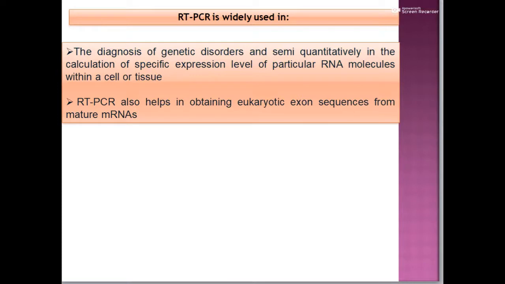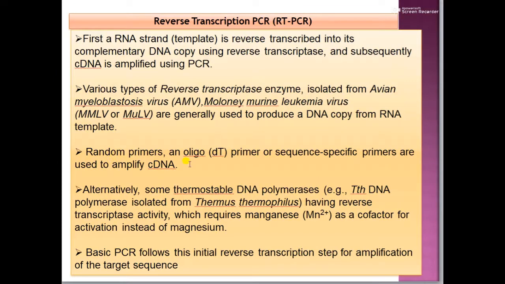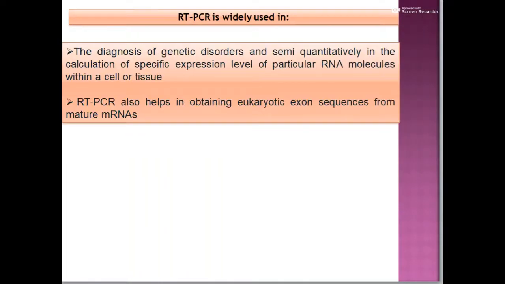So reverse transcriptase PCR mainly involves the conversion of RNA to what? cDNA, and then the cDNA is amplified either by using non-specific primers like poly-dT primers over here, or you can have specific primers also.